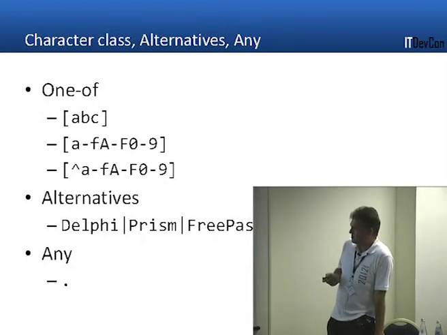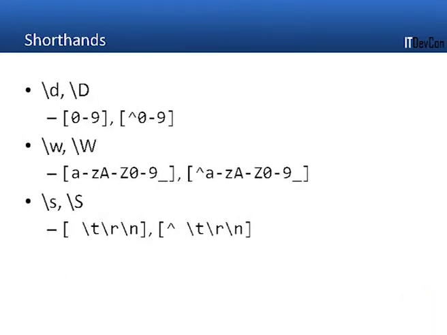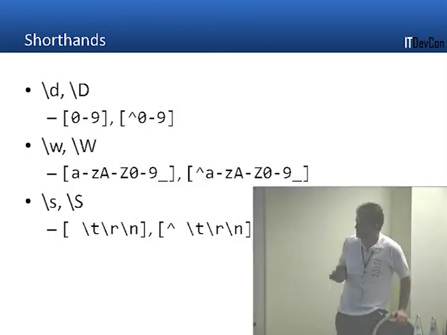So as we saw before, I can use pipe to specify alternatives, like in the handle case. And I can use dot to represent any character, any at all. Then we have some very useful shorthands, so you don't have to type these complicated long expressions.